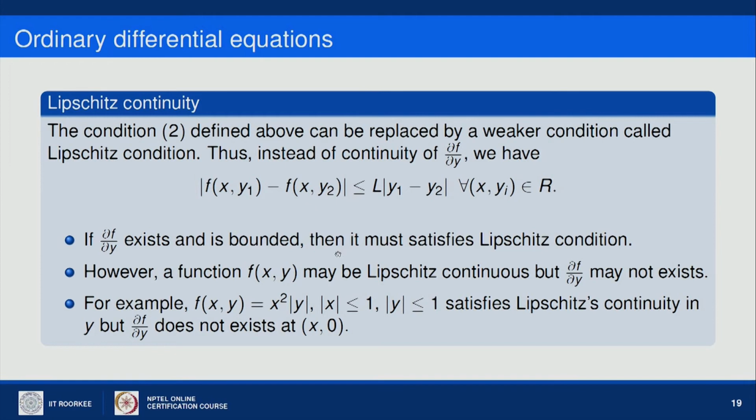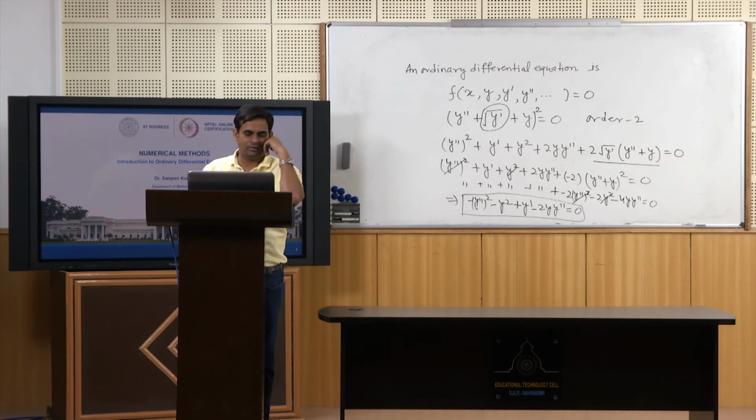So, basically if del f over del y is continuous, this implies the Lipschitz condition will always hold for a continuous partial derivative. However, the converse is not true.